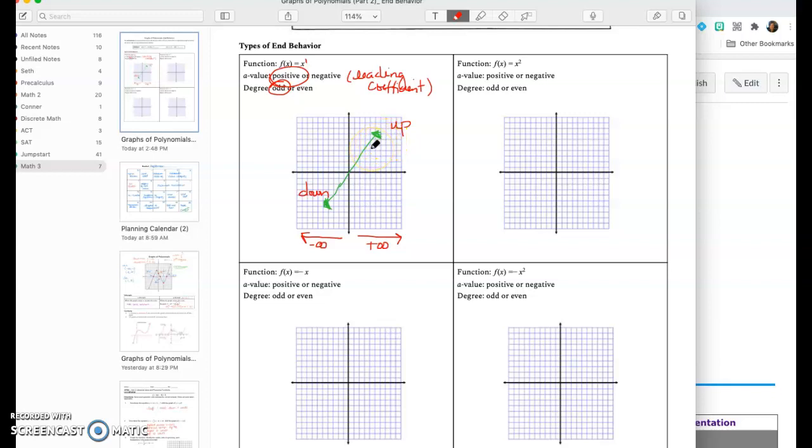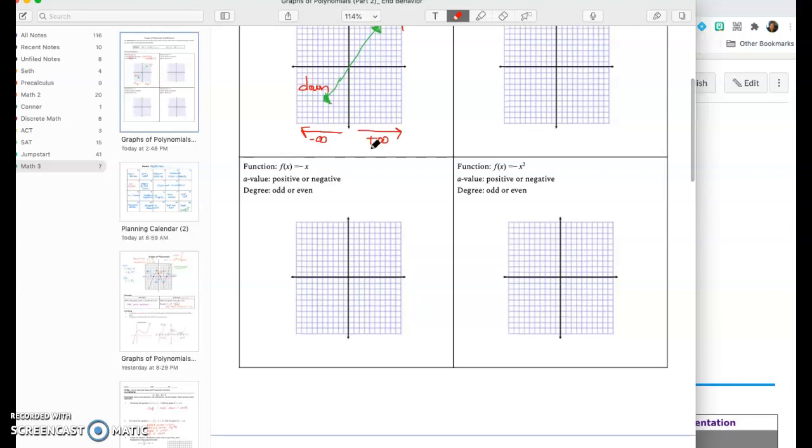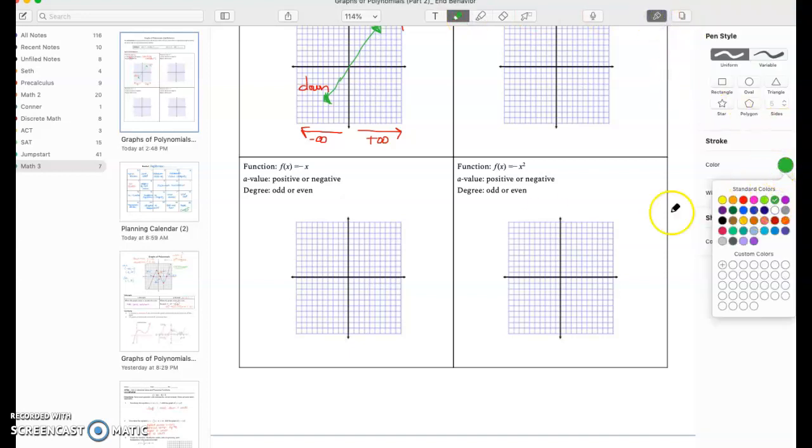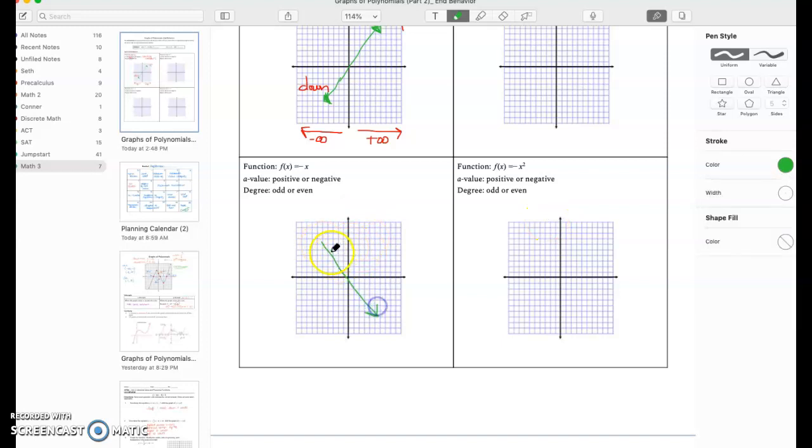So let's go down here and think about this function f of x is equal to the opposite of x. Again, this would be a parent function, but now rather than having a positive slope, we have that negative slope. And again, we're thinking about what this graph is doing on the far left. On the far left of this graph, now rather than going down as we were before, we're going up on the left and down on the right.